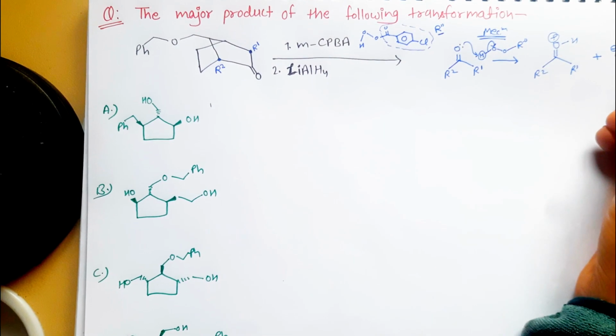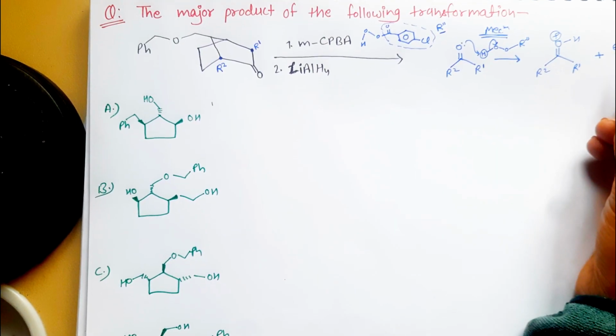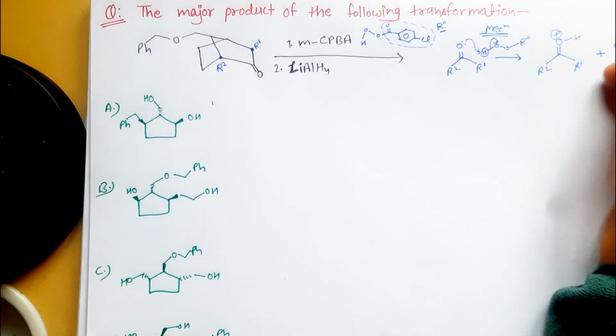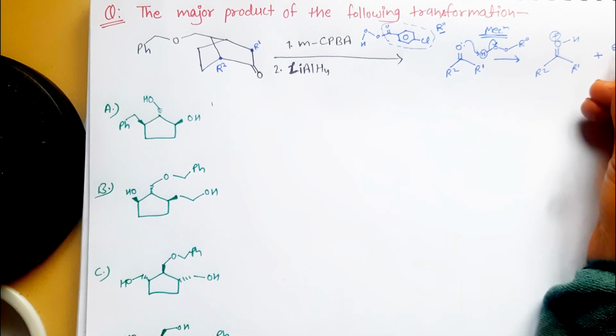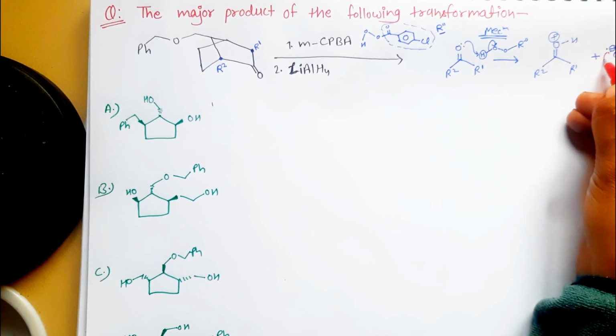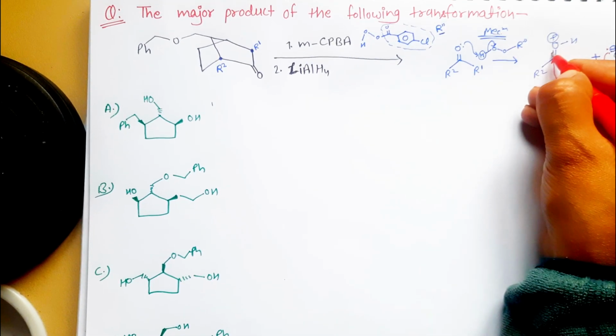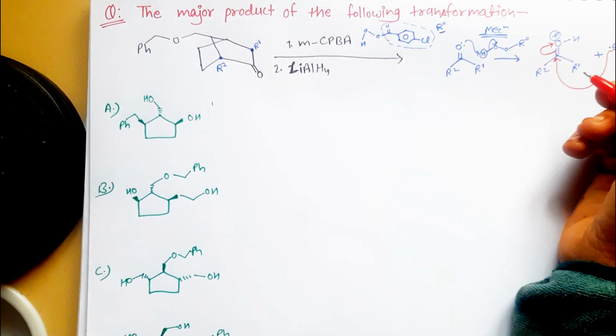So this is our carboxylate ion, which is a very reactive nucleophile. So in step 2, this electron attacks on this carbonyl carbon, and this pi bond electron shifts to this oxygen.